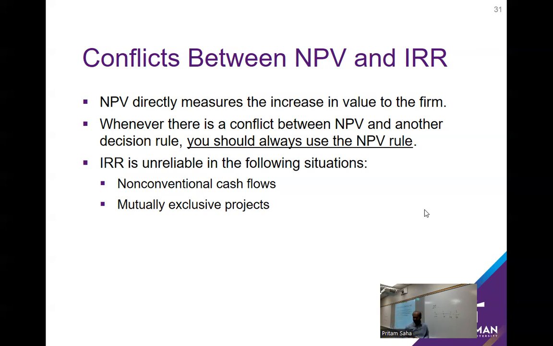NPV assumes that all these cash flows are reinvested at the required rate of return. From the bond class, we know that this is a good proxy for the available market rate, because the required rate of return is calculated based on market and risk.